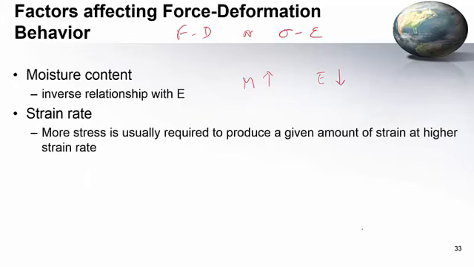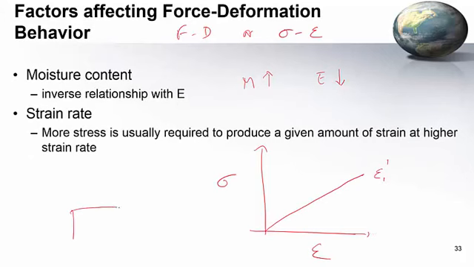The strain rate is basically, if I plot stress versus strain, and let's say this is at a strain rate of 1, meaning the rate at which I'm creating the strain. So if I have a material and I move the head forward, how fast I am moving the head is the strain rate.